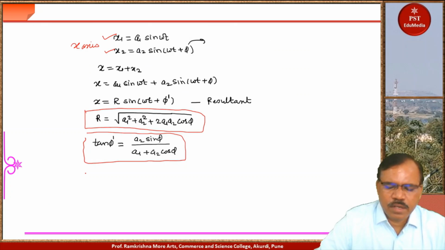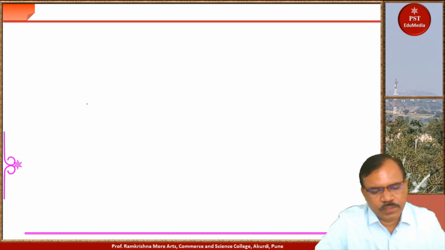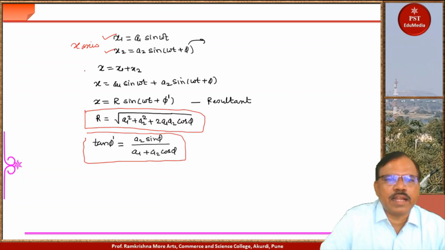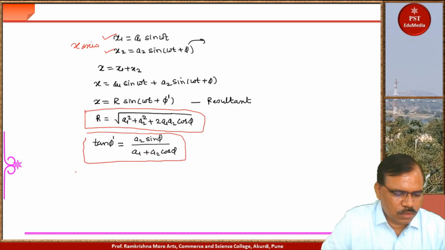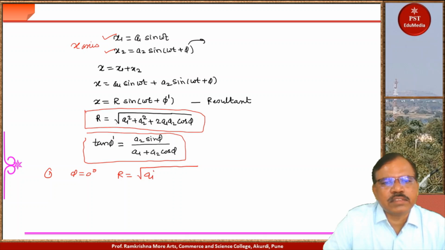Now we can have different cases also. So suppose we take simple cases. Suppose we have phi is equal to 0. This is first case. So if we use phi is equal to 0, we will get R root of A1 square plus A2 square plus 2 A1 A2 into cos 0 degree. Now cos 0 is 1.